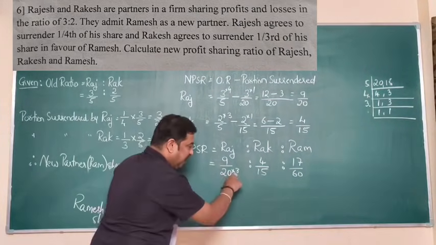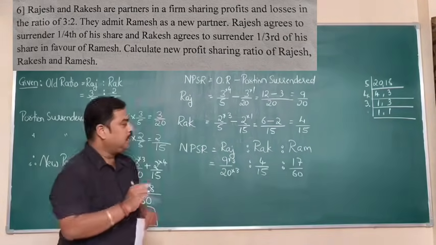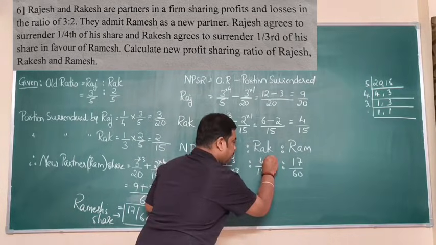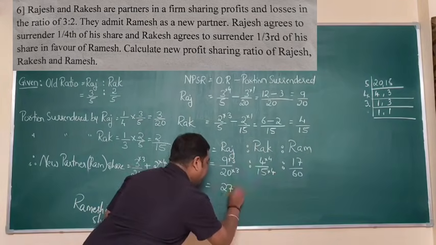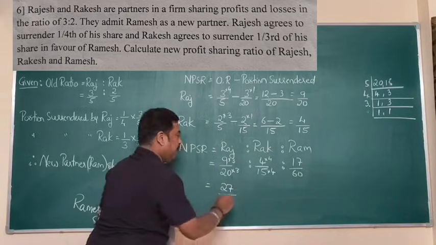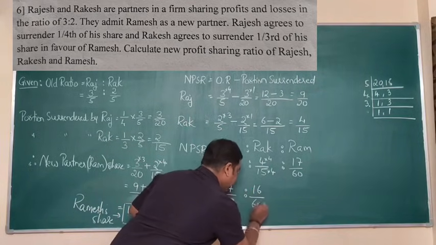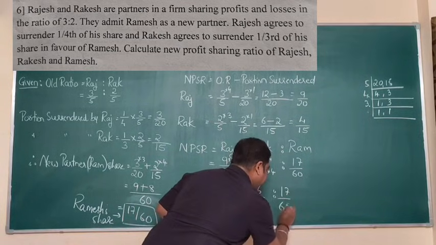If you multiply the denominator by 3, you have to multiply the numerator also. Coming to 15, 15 4s are 60, into 4 into 4. Now see, 9 3s are 27, 27 by 60 is to 4 4s are 16 by 60 is to, this will remain as it is, 17 by 60.